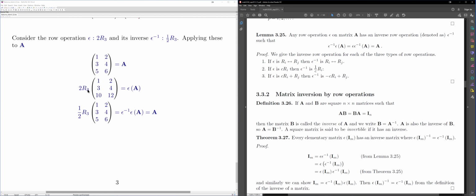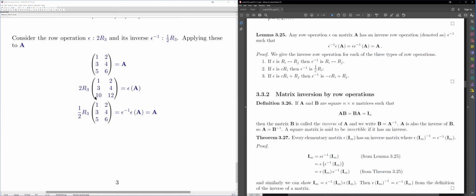Why it's called an inverse is because once I do this row operation, if I apply this one right afterwards, it has the effect of canceling out that row operation. So I just get back my original matrix. You see it's written here on the right hand side. This is my original matrix A. I apply the row operation epsilon, which is multiply row 3 by 2.